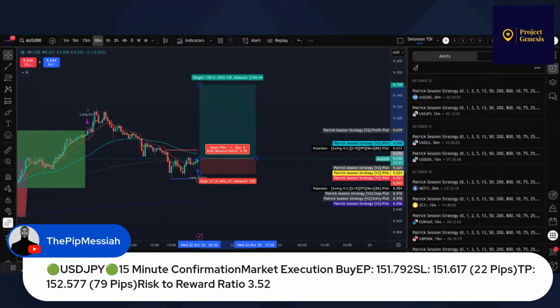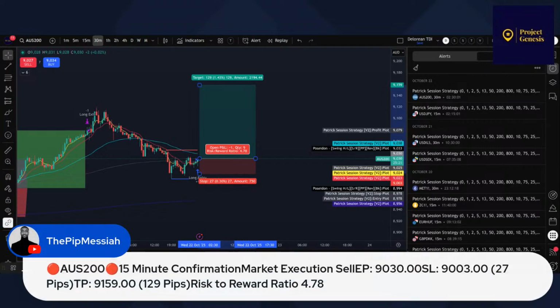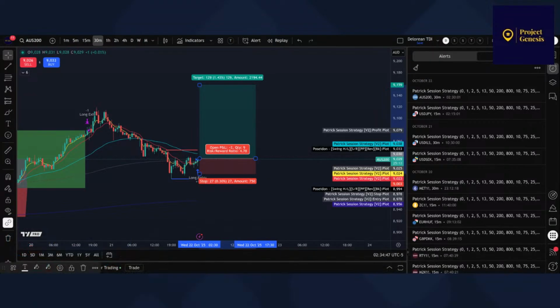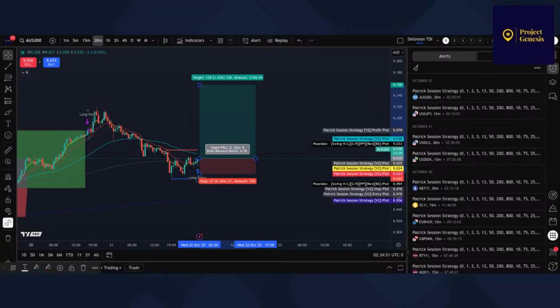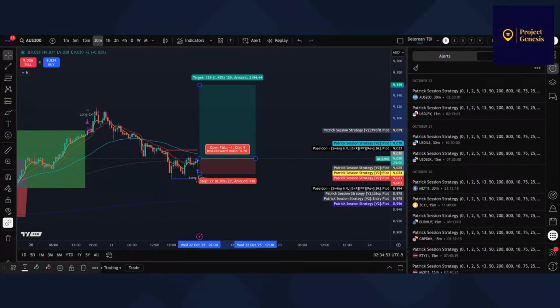Here's your next call of the night. Good morning. It's going to be the Australian 200 15-minute confirmation market. Oops, I got that wrong, don't I? I wrote it down as a sell, and it's actually a buy.